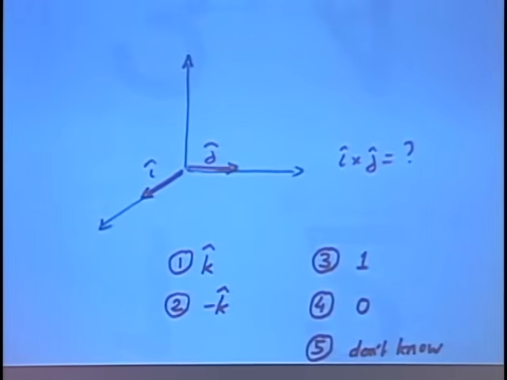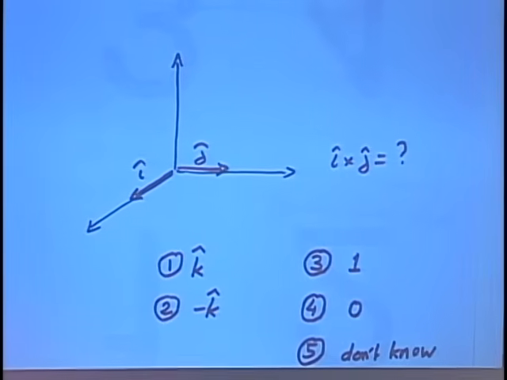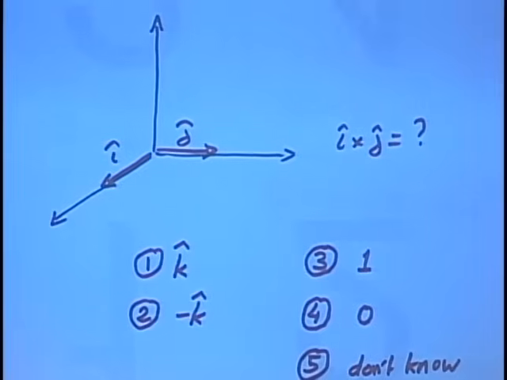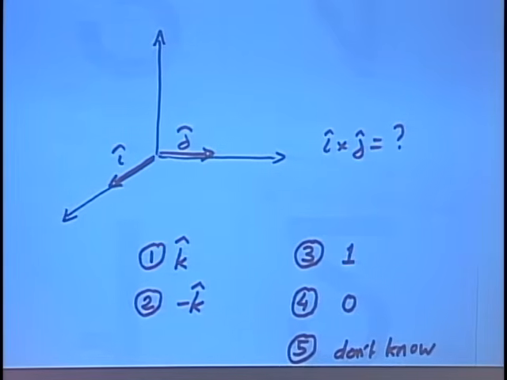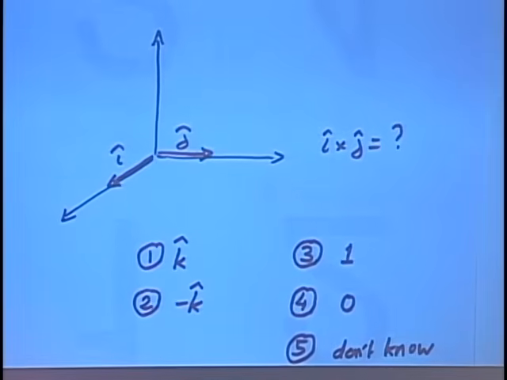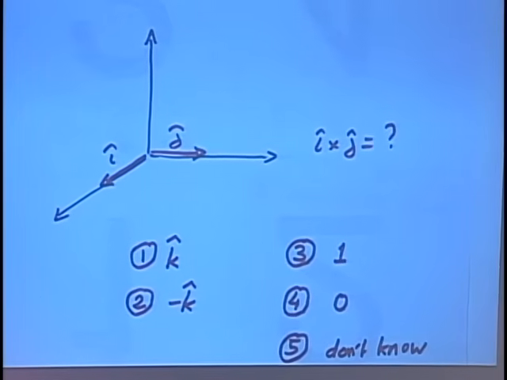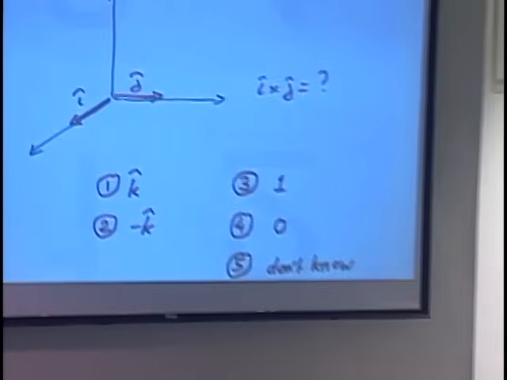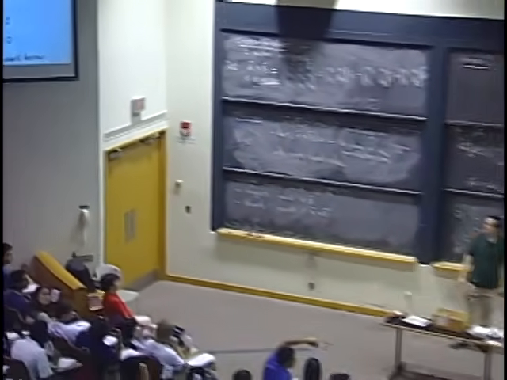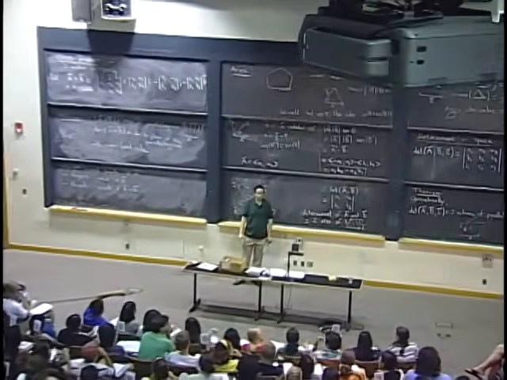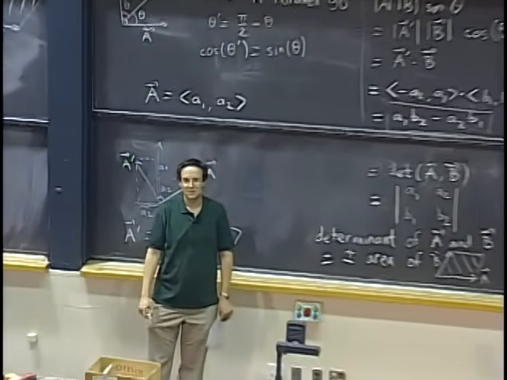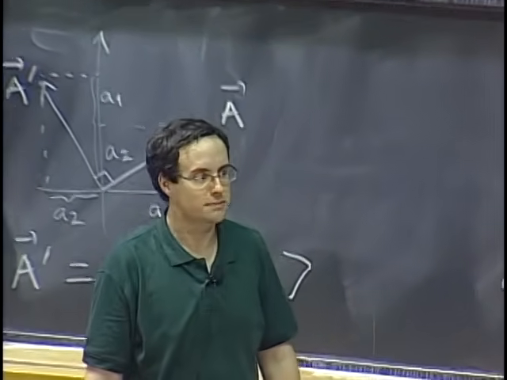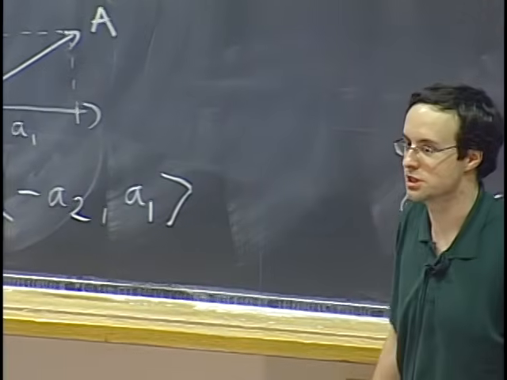Let's take I cross J. I see some of you, well, most of you have it going in the right direction. If you have it pointing in the wrong direction, it might mean that you're using your left hand, for example. Okay.